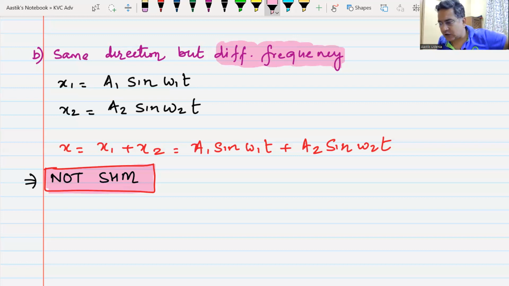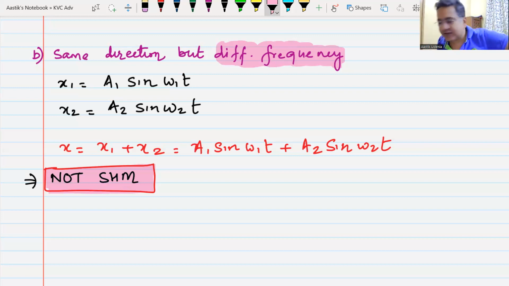We gave the answer for out of phase and in phase. Remember, same direction means same axis we are talking about. It can happen that the motion is like this in one SHM and like this in the other SHM, but it is the same direction, same axis.